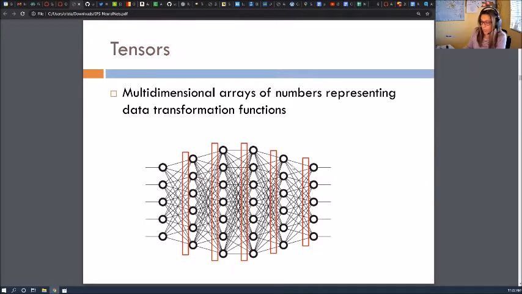If you have a multi-layer network, each layer represents a transformer function. Each layer transforms the input of the previous layer and produces output that gets fed to the next layer. So there are tensors all around.